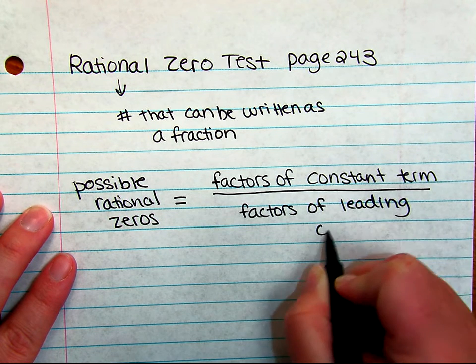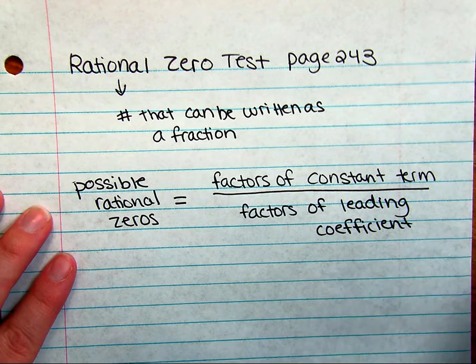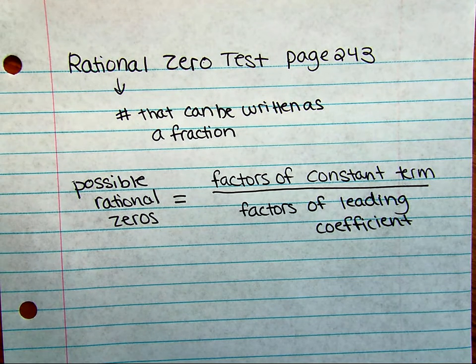Leading coefficient would be the number that is in front of your largest power. So if it's x to the fourth, then I'd want to look at x to the fourth's coefficient. And that's literally all you do, and it will give you a list of all of the possible rational zeros.